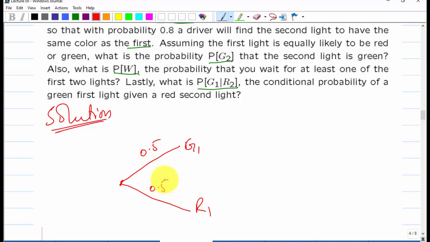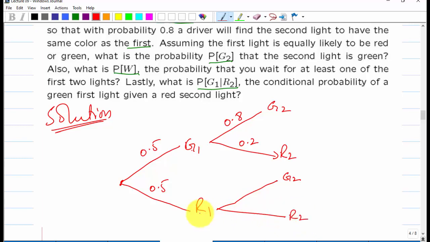Next, if the first light is green and the driver finds the second light to have the same color, meaning G1 then G2, its probability is 0.8. The other option is R2, which will obviously be the complement. Similarly, if the first is red, R1, and the second is red, this will be 0.8 and the other will be 0.2.